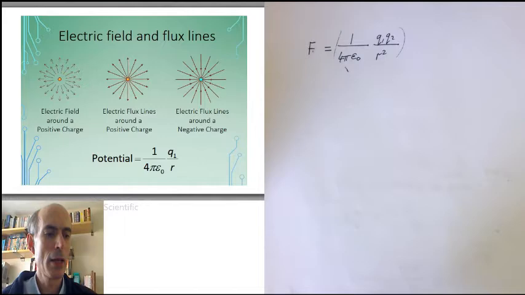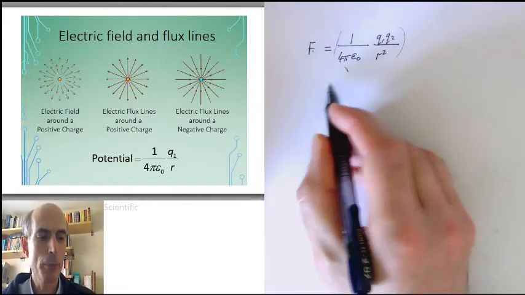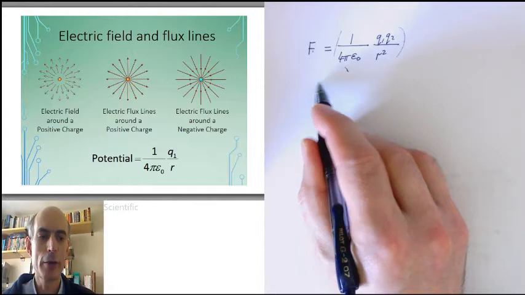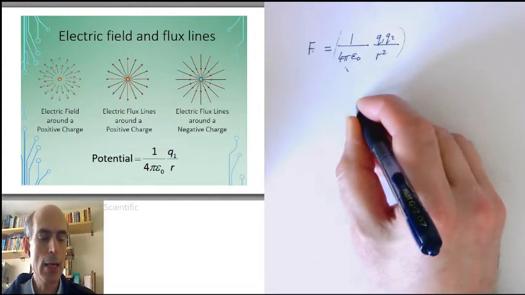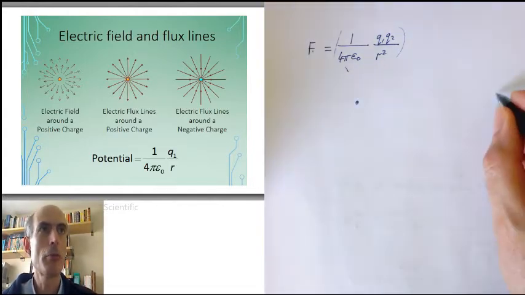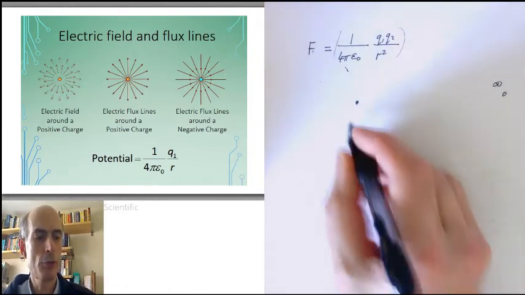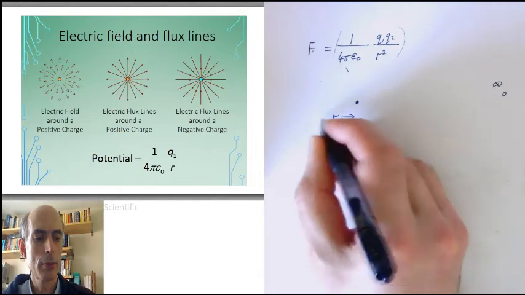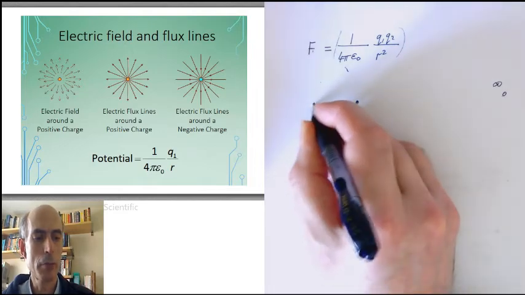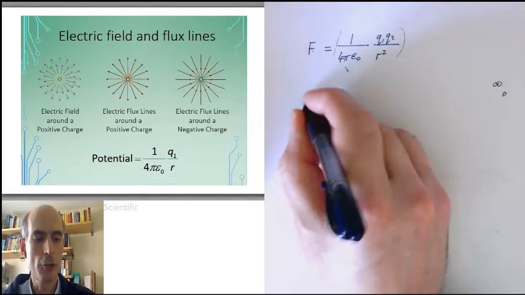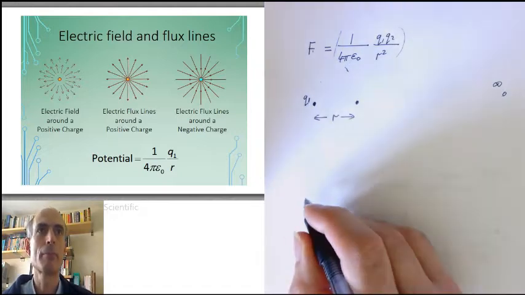You can define an electric potential as well. The electric potential is the amount of energy required to move a unit charge from infinity to a point, a distance r away from any particular charge, let's say Q1.